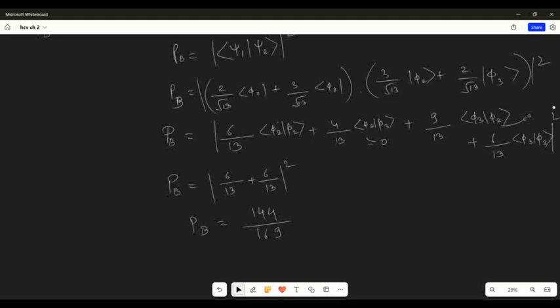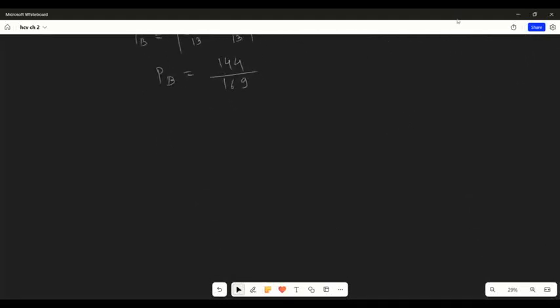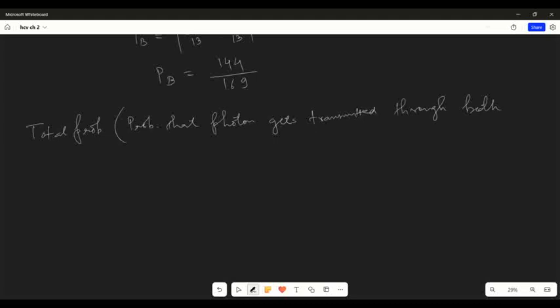And now we have to calculate the probability that the photon gets transmitted through both polarizers, that is both P1 and P2.